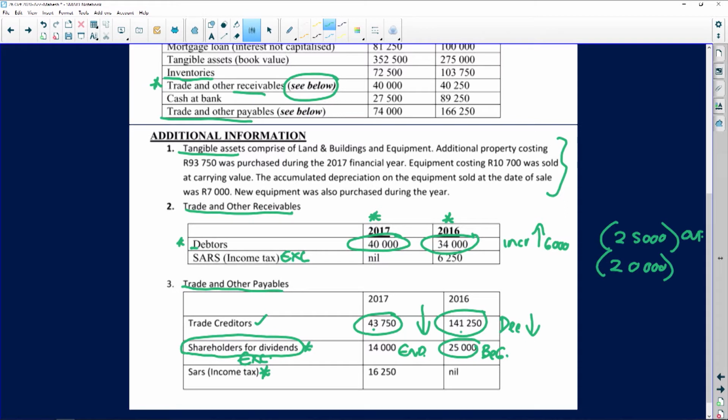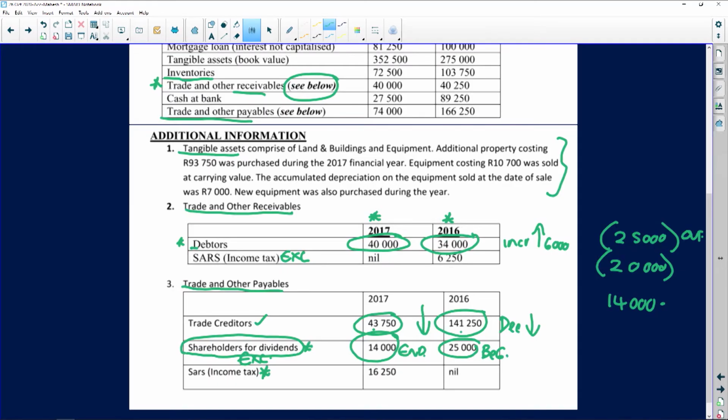So it will be in brackets. It's a negative value. Then I've got shareholders for dividends at the end of the financial year. This amount represents what I'm still owing my shareholders at the end of the year. Now remember, still owing means this money did not leave your bank account. So that 14,000 is still in our bank account. It is an inflow of cash, so it's not in brackets.